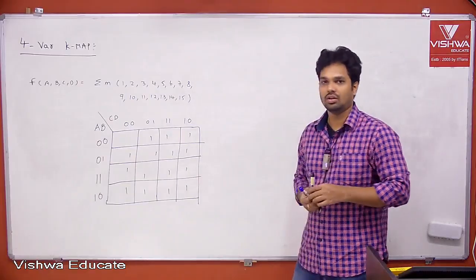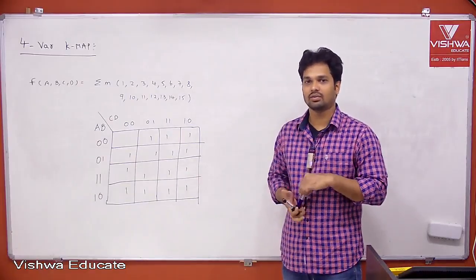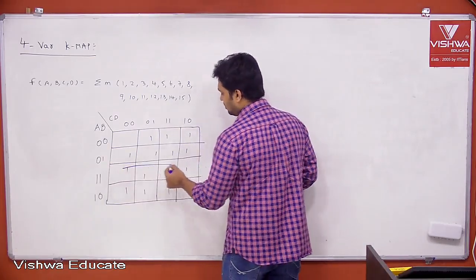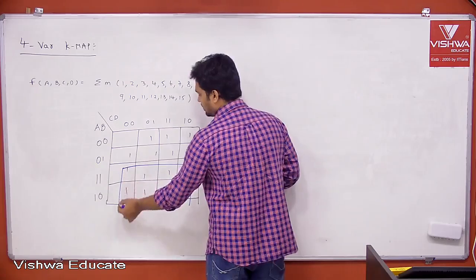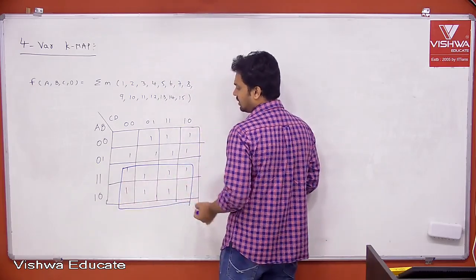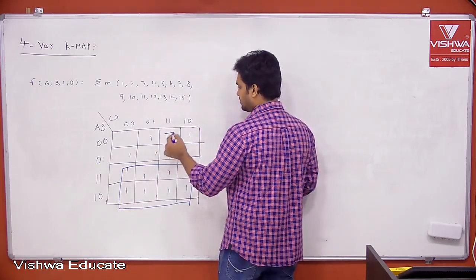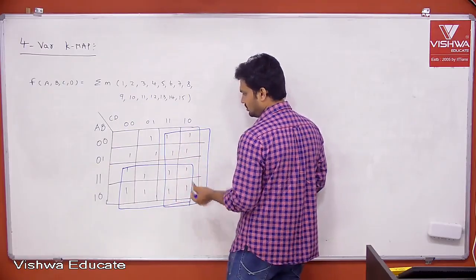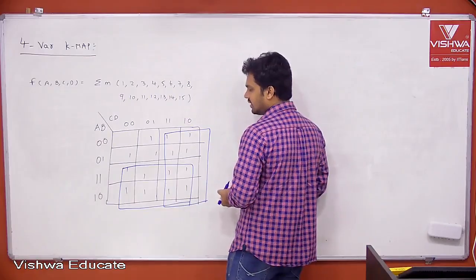So here, can I form any octet? Yes, octets are possible here. So this is one octet. Any other octet possible? Yes. This is an octet. Is there any other octet possible?